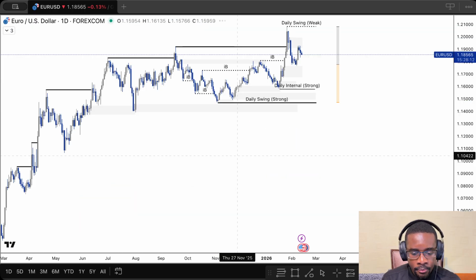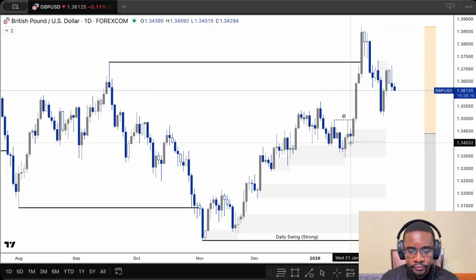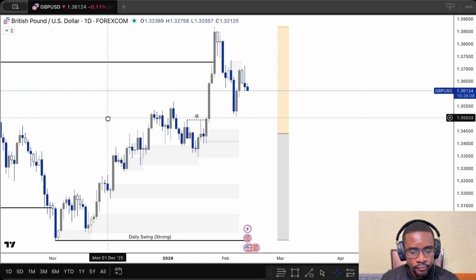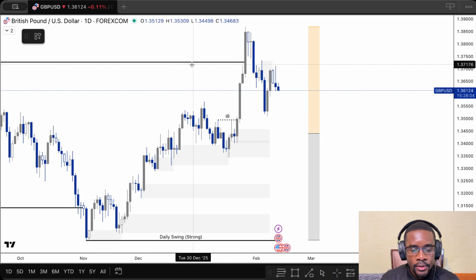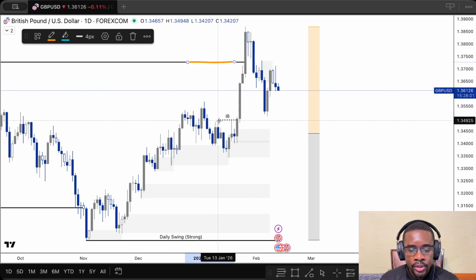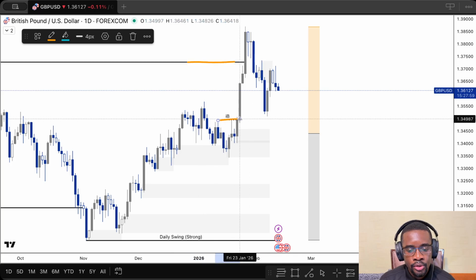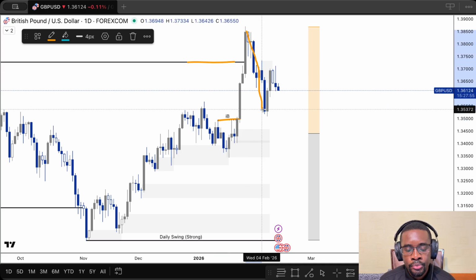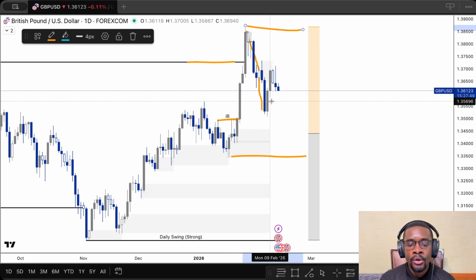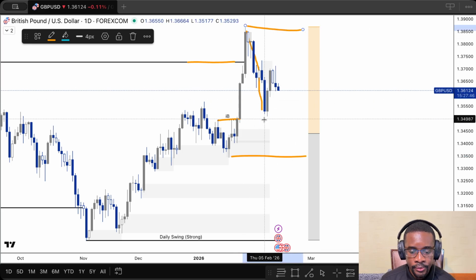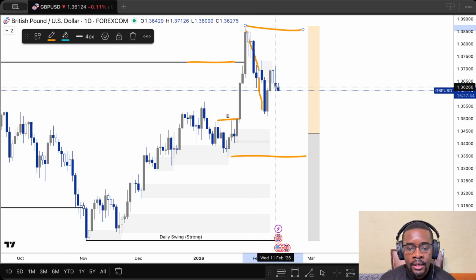And then looking at the pound, pretty similar. We broke structure to the upside, internal and swing are bullish. Okay, and then we entered this pullback phase. For the internal range, we mitigated, or we got into the discount of the internal range, and then we had this strong reaction.